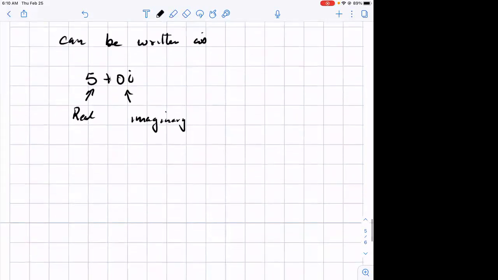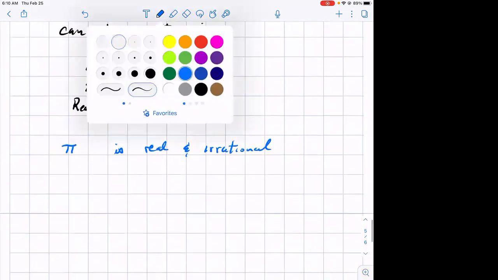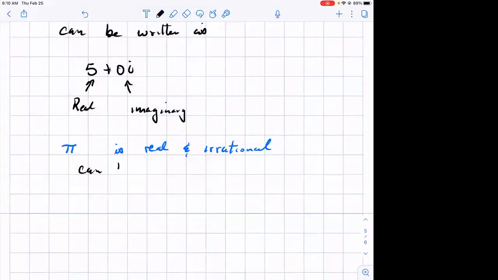We can do the same for pi. Pi is an irrational number, but it's a real number, real and irrational. And this can be written as pi plus 0i.